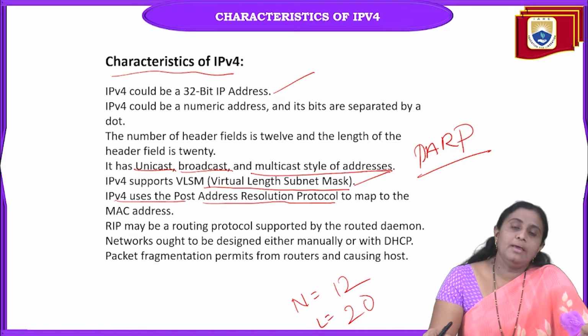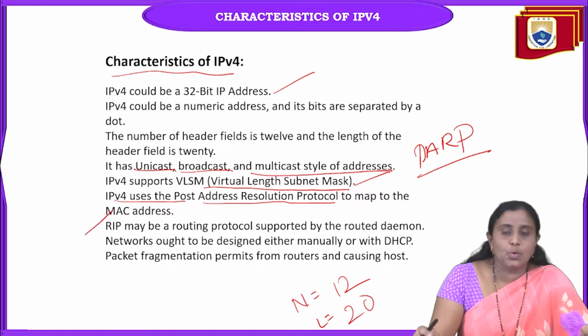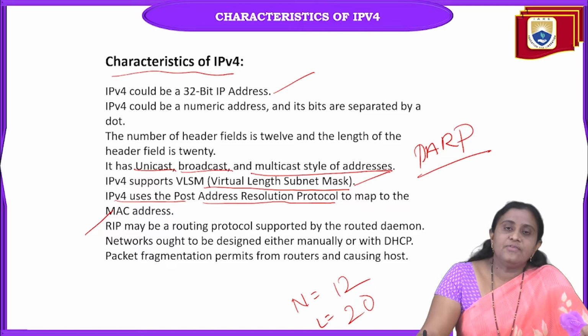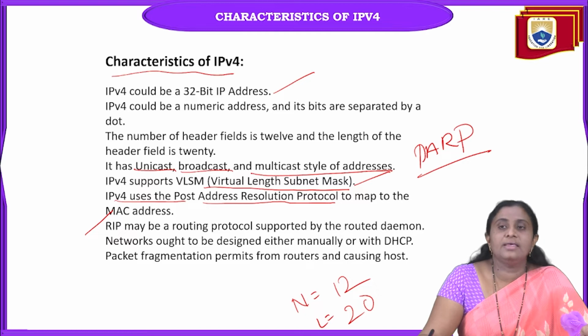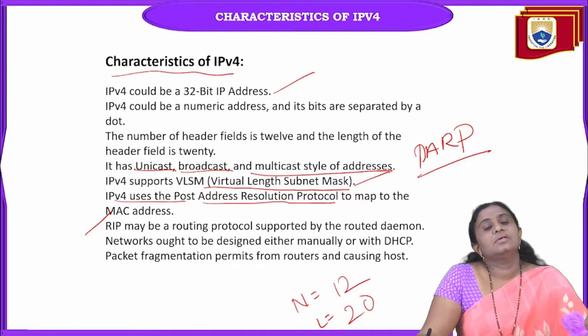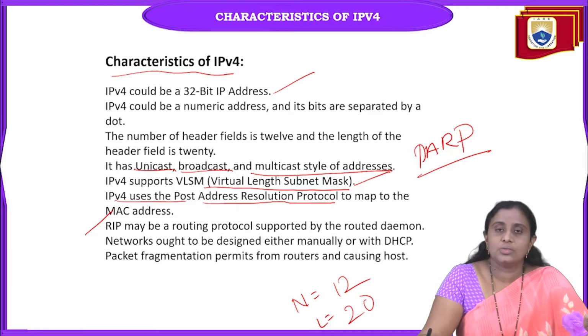And the last point, RIP may be the routing protocol supported by the routed daemon. Networks ought to be configured either manually or with DHCP. Packet fragmentation is permitted from routers and the sending host.